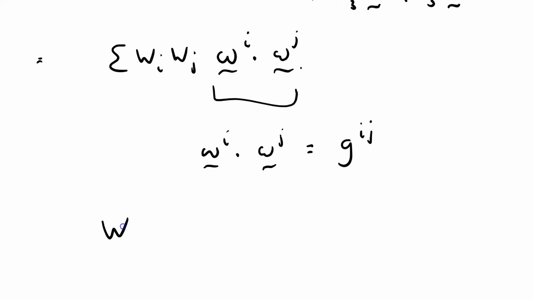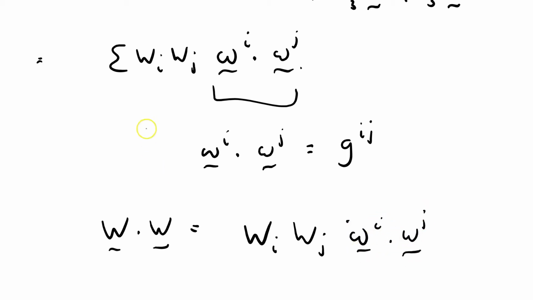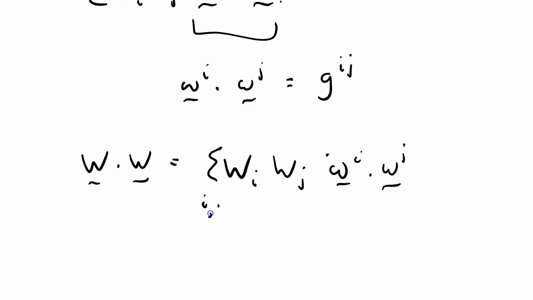So now if I want to take w dot itself, that's wi wj omega i dot omega j, summed over i and j of course, which I don't need to say because of the summation convention, equals wi wj g^ij.